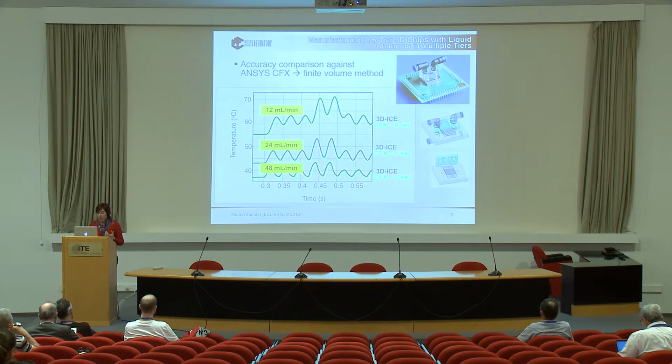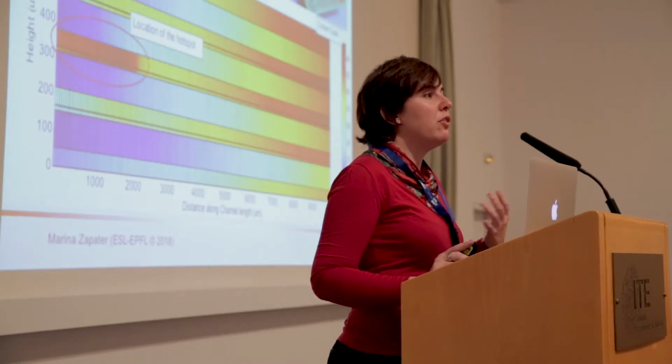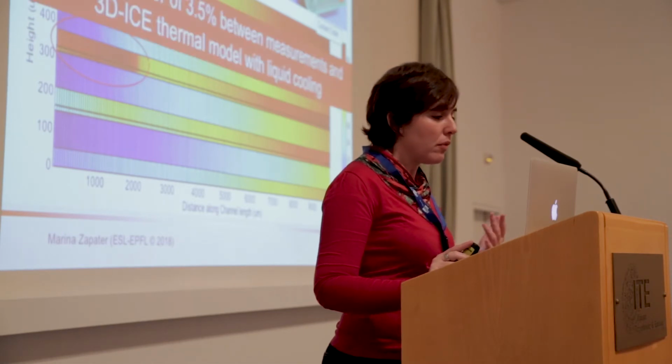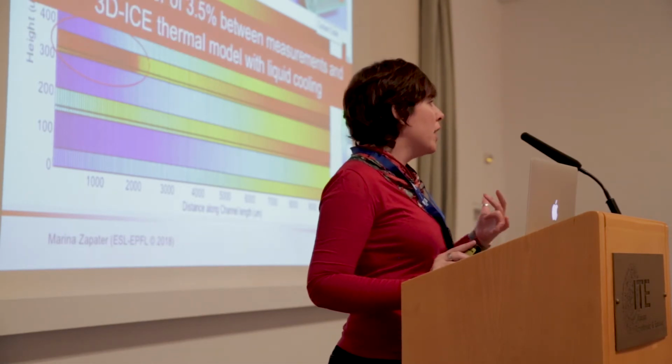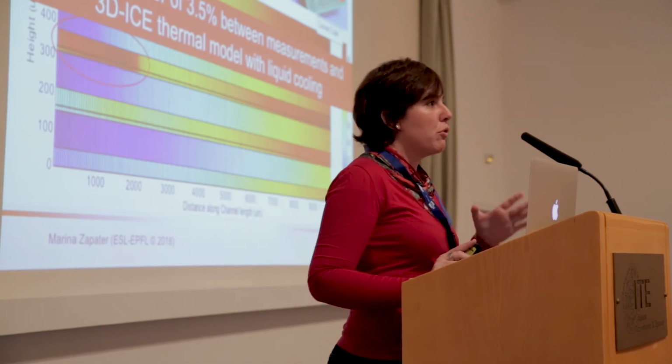So as you can see, for different types of chips, we were getting very nice accuracy numbers. And also, we could not only see, as I was saying, a specific point of the chip or just an average for the chip, but we can know what is the exact temperature on all the parts of the chip when the coolant is flowing through it. Okay. So we can definitely see how we are bottlenecked. And we were getting maximum errors of up to 3.5% when compared to the most accurate tool possible.